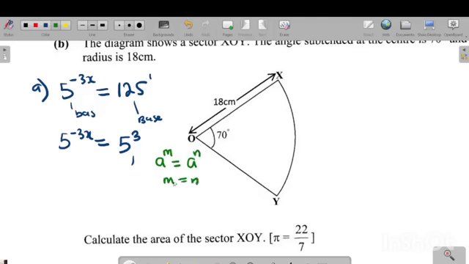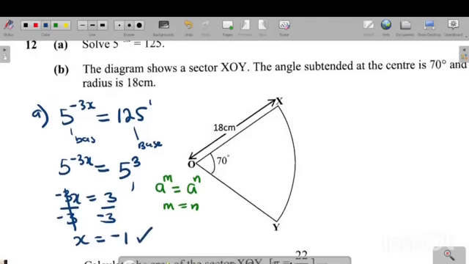So we're going to apply this here because we have 5 as the same base, and so we are going to have negative 3x is equal to 3. Divide both sides by negative 3. Then x is equal to, okay, this is negative 3, negative 1. So x is equal to negative 1.